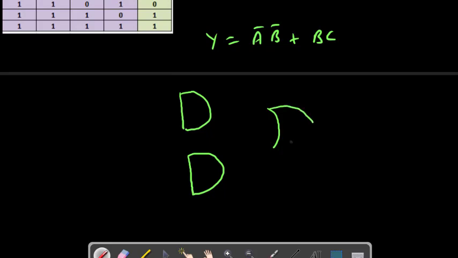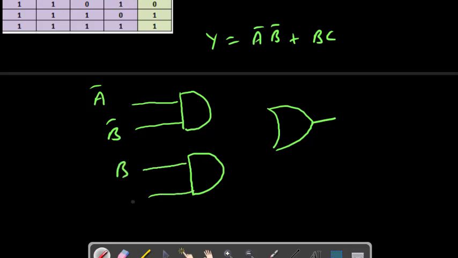The inputs would be A bar and B bar for the first AND gate, and B and C for the second. These are connected to the OR gate, and here we have the output Y. So this circuit is the reduced circuit.